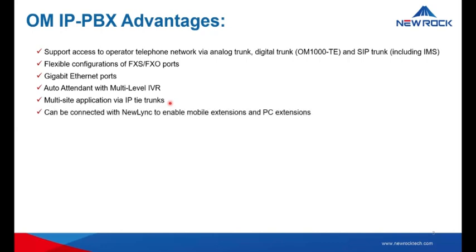The next one, it can be connected with NewLink to enable mobile extensions and PC extensions. As we all know, we developed our NewLink. It is a digital collaboration platform. Basically, it provides users with one-stop collaboration and communication features. Next, we provide open API interfaces to connect with third-party application systems.